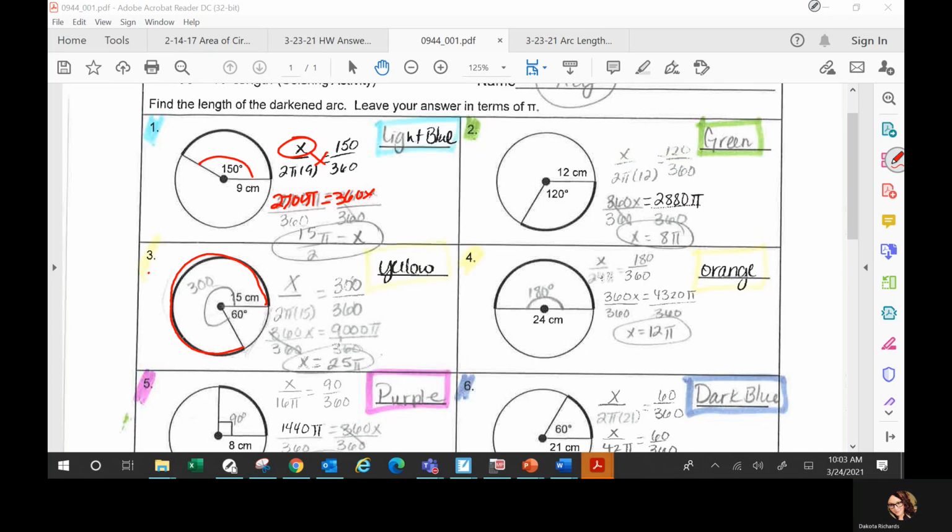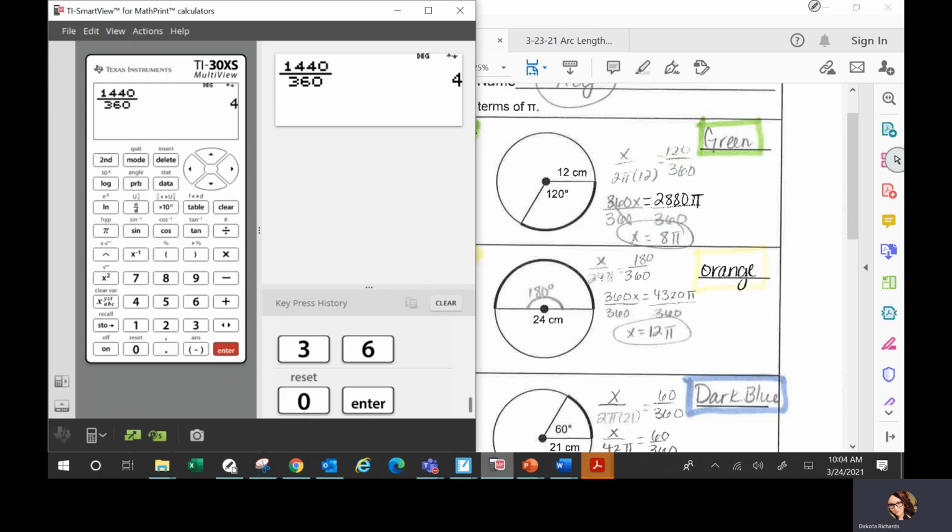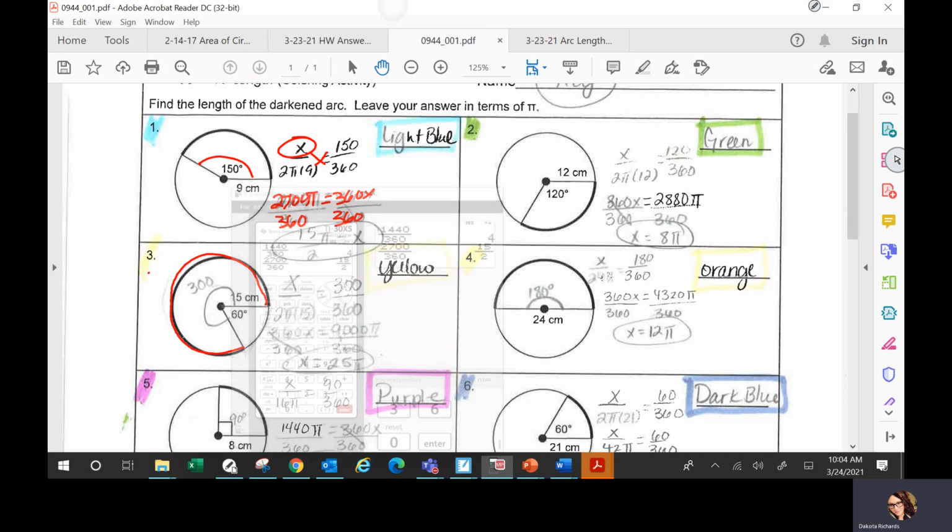So again, if you're confused as to how to leave your answer in terms of pi, take that fraction, but don't put in the pi. 2700 divided by 360 is going to give you 15 over 2. And then you know that the pi goes with the 15, right? Because it's in the top part of your fraction. It's right here. Does that make sense?